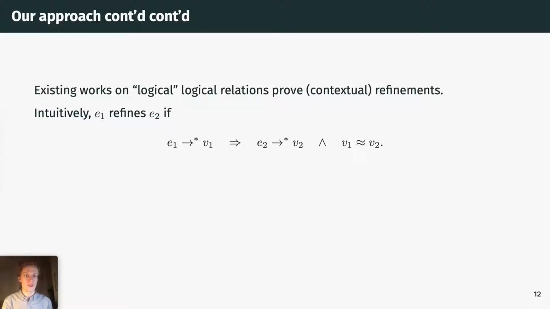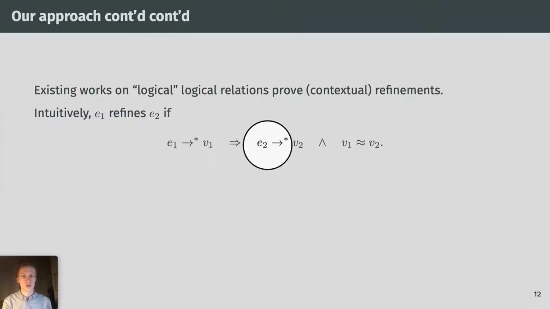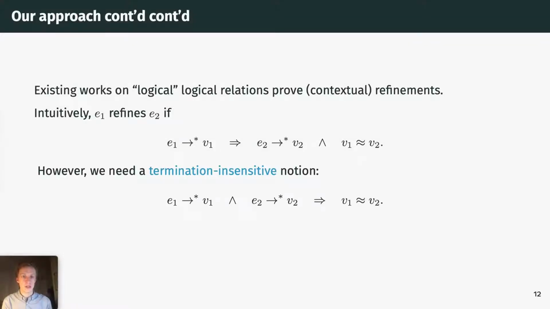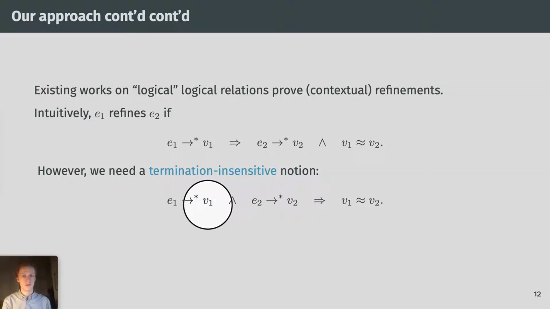Intuitively, when we say that E1 refines E2, it means that if E1 evaluates to some value V1, then E2 should also evaluate to a value V2, and these two should be suitably related according to some relation. However, what we need for our case here is a termination-insensitive notion. That is, if E1 evaluates to V1 and E2 evaluates to V2, then the resulting values should be related.